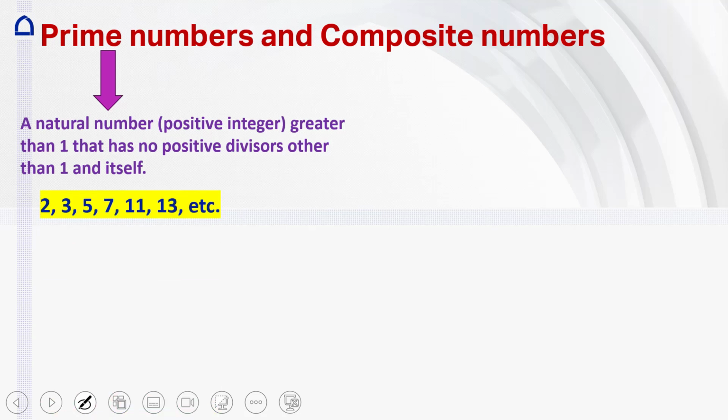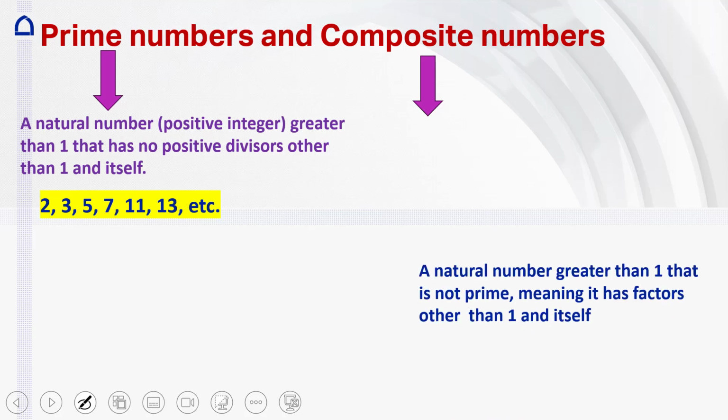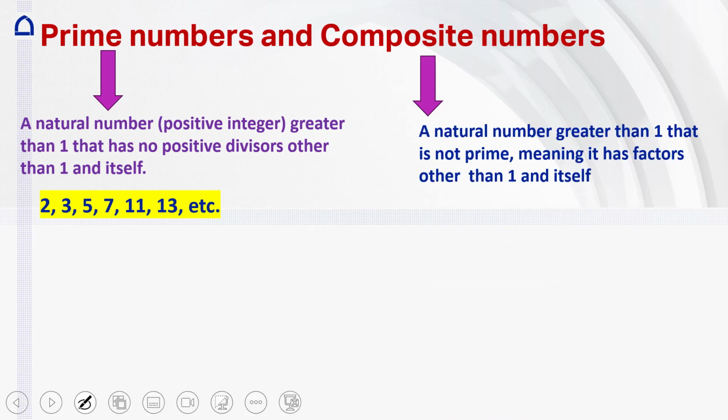But a composite number can be divided by any other number besides itself and 1. So 2, 3, 5, 7, 11 cannot be divided by anything else except itself and 1. But the composite number is greater than 1, of course, it's a natural number, and it's not prime, because composite is the opposite of prime.